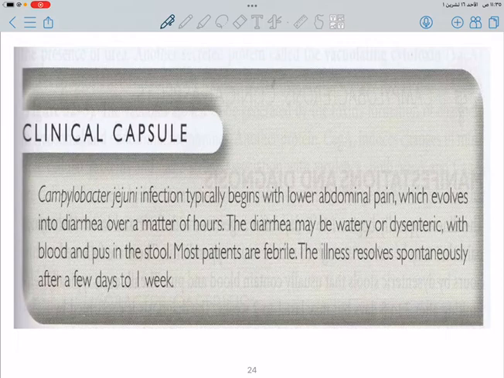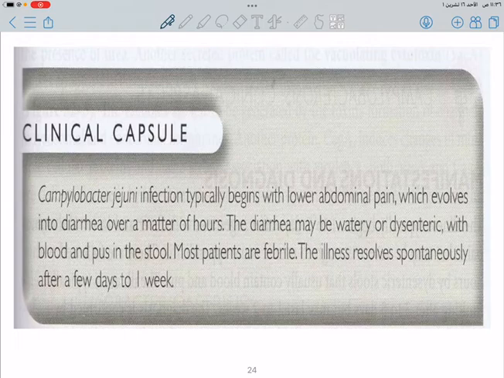Sometimes it can be severe and cause dysenteric diarrhea. The word dysentery in medicine means diarrhea with blood and pus. When you say dysenteric diarrhea, it means diarrhea with blood and pus.